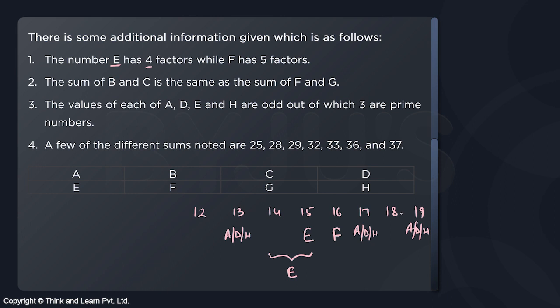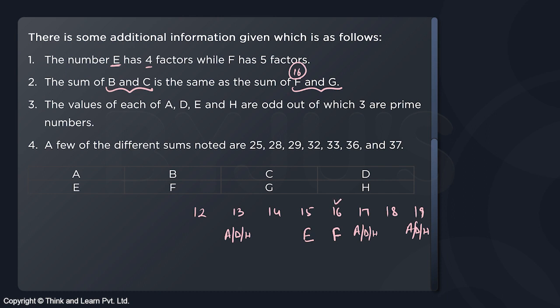Now what about the other numbers that are left? We have 12, 14 and 18. These 12, 14 and 18 are B, C and G, right? The other numbers are B, C and G. Next thing that we have is sum of B and C is same as sum of F and G, and F is 16.